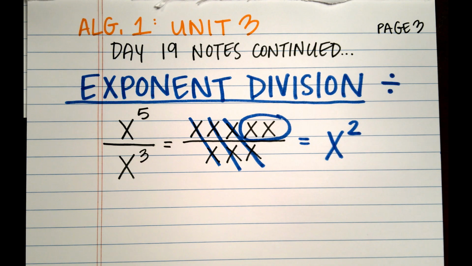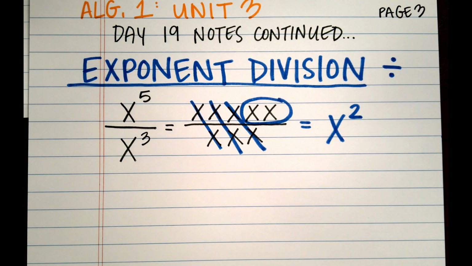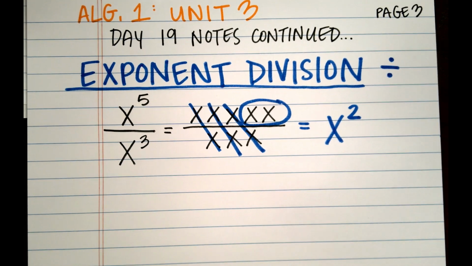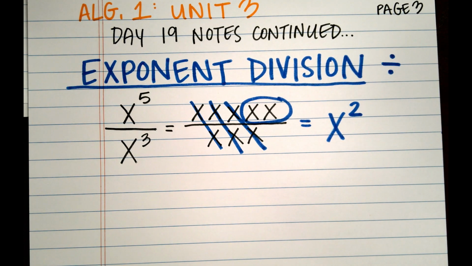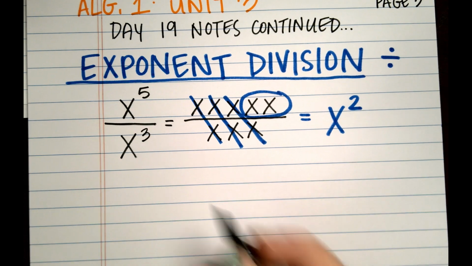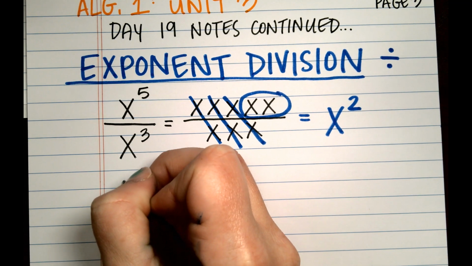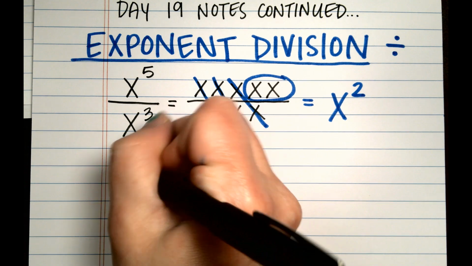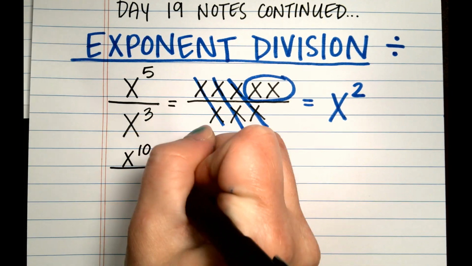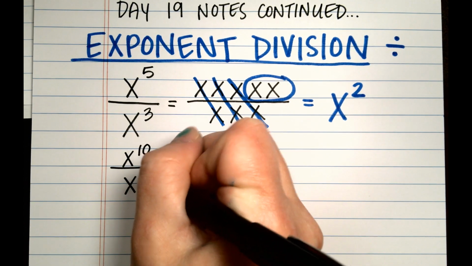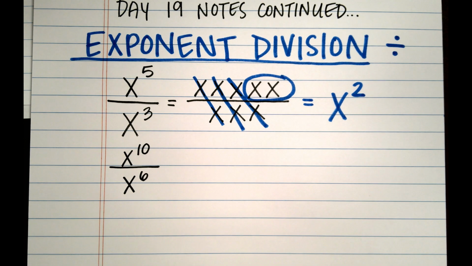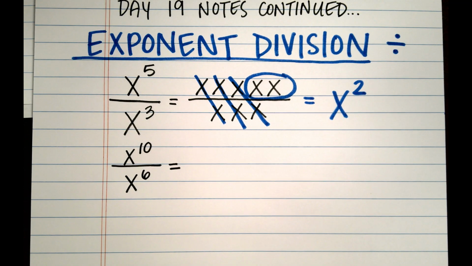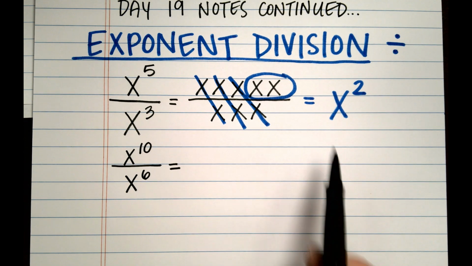Really cool. Okay, let's do another one. How about x to the 10th power over x to the 6th power. A great way to help yourself is to draw out the x's.